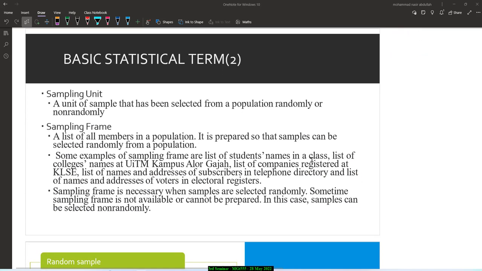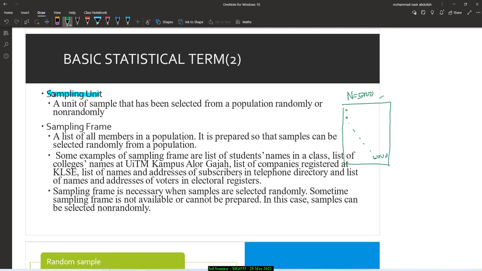So now let's look at another term which is a sampling unit. Sampling unit is a sample that has been selected from a population randomly or non-randomly. So let's say tadi example kita satisfaction of food in UiTM cafe. So let's say our population capital N is equal to 5,000. So we have a list of 5,000 students, let's say 1, 2, 3 until 5,000.